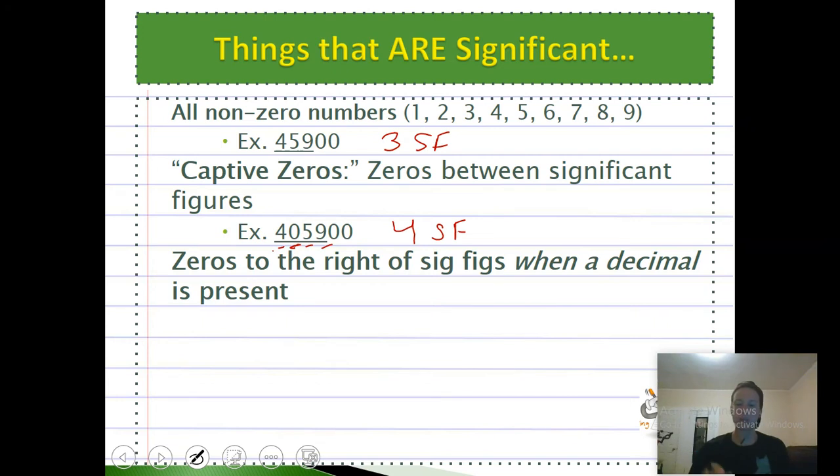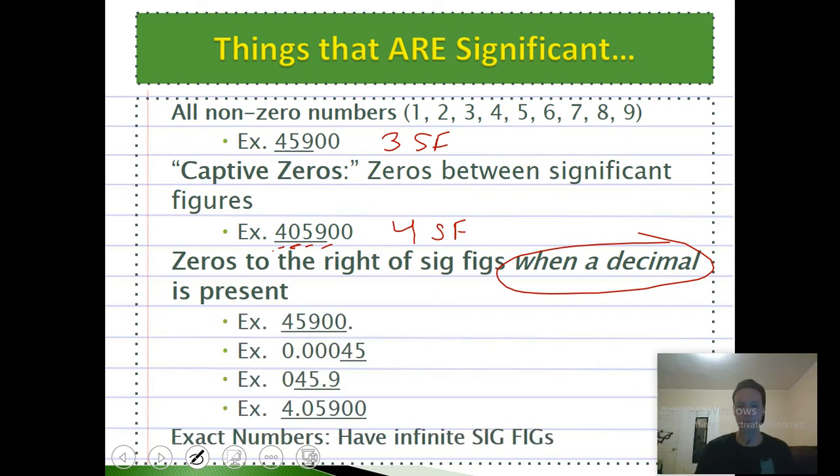Now zeros start to get a little tricky, but here's the important part: if a decimal point is present, then the 0 to the right of a significant figure is what is going to count. So a decimal point tells you that you're able to be accurate. So this would have 1, 2, 3, 4, 5 sig figs here.